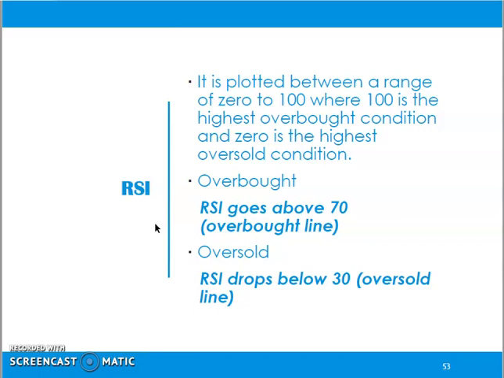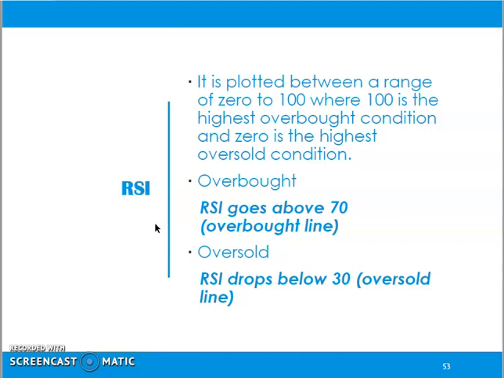Different from the MACD, RSI has two areas, which we call overbought and oversold. Overbought is the area when RSI goes above the 70 value, and oversold is when RSI drops below the 30 value.